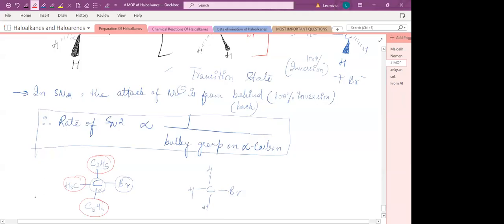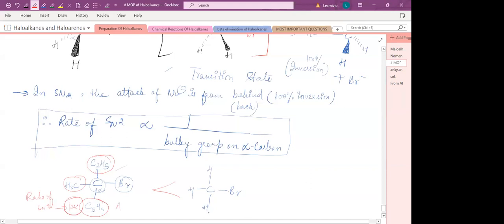In this case, since more bulky groups are attached to the alpha carbon, the rate of SN2 reaction will be less. It decreases the rate of reaction, so the reaction will be slow here. But in the other case, there is no bulky group, only hydrogen is there. So obviously the rate of reaction will be fast in this one.